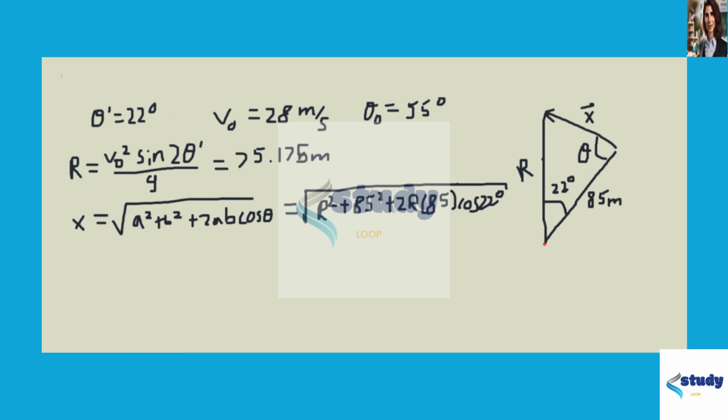If you plug in for R the 75.175 that we found before, you find that X is equal to 32.048 meters.